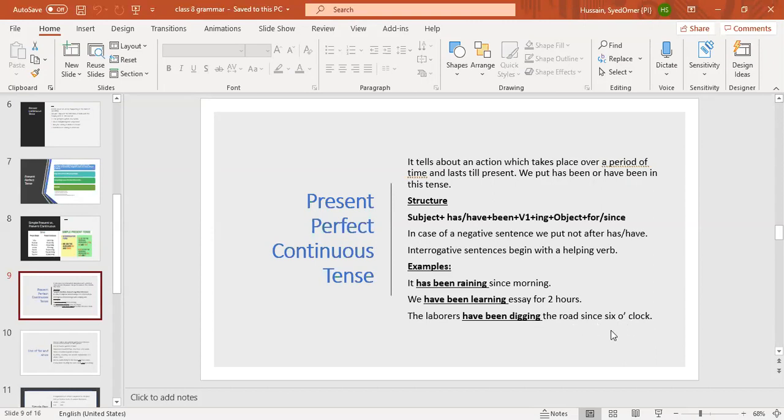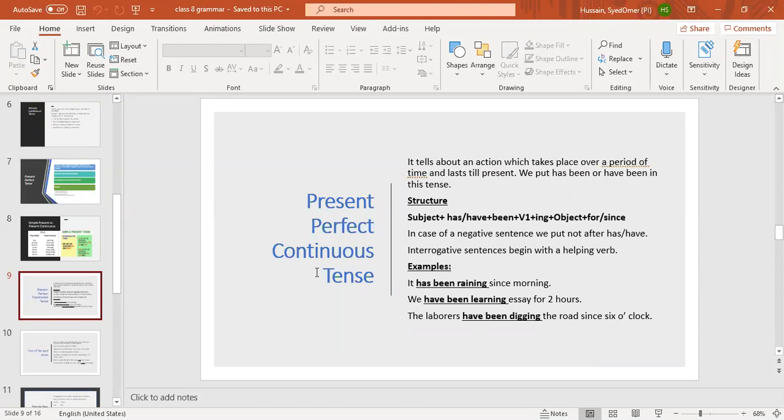So remember one thing, beta, I will repeat it again: present perfect continuous tense tells about an action which takes place over a period of time. It involves a time period, okay? That is why we put the two additional words, for and since. How can we remember the formula or structure? In present perfect tense, we put the helping verb has and have, and in continuous tense, we put the verb.